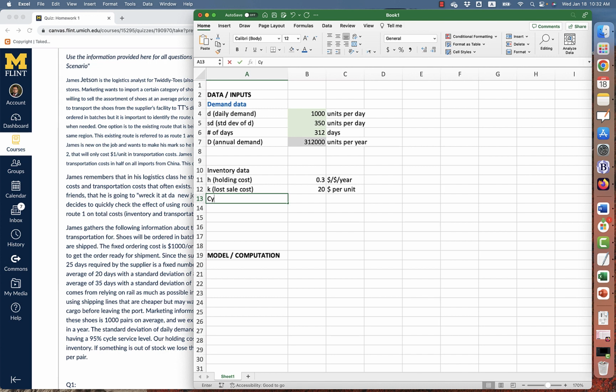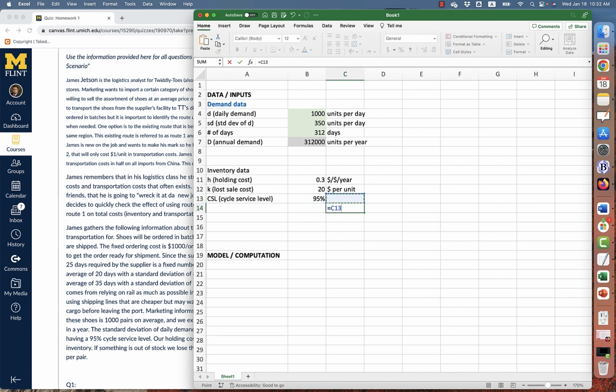Then we have our cycle service level. Let's call it CSL, and in brackets, we write cycle service level. That's 95% or 0.95. You can format this cell as percentage and show 95% here. Remember that when you format cells, the display value can be based on the formatting, but the real value is the number you entered, 0.95.